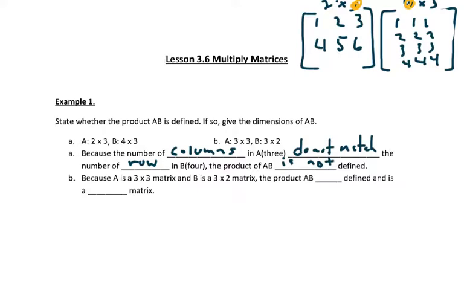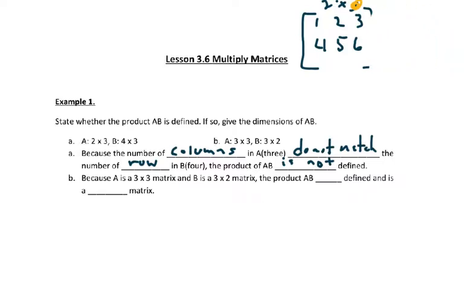So you're not able to multiply if the number of columns in your first matrix doesn't match the number of rows in your second matrix. That's our first example, example A. All right, let's erase that. And let's take a look at example B.